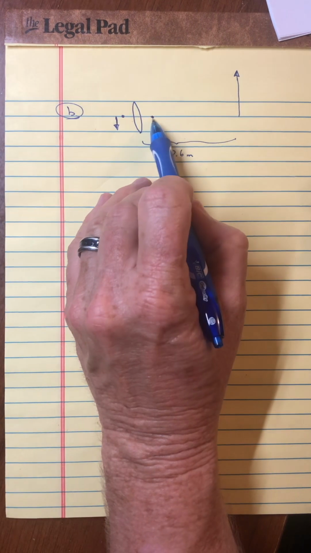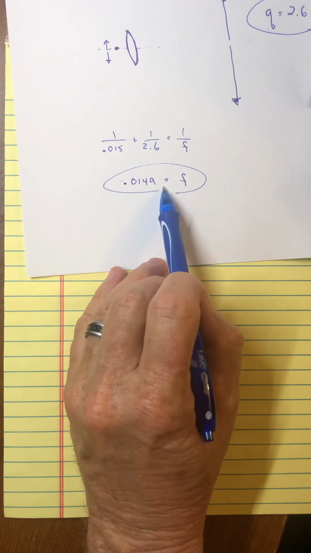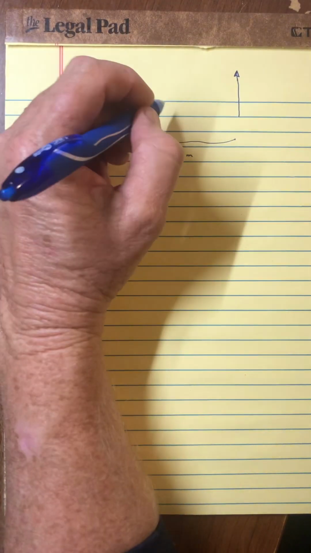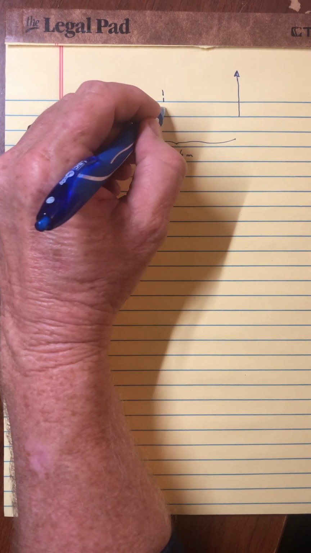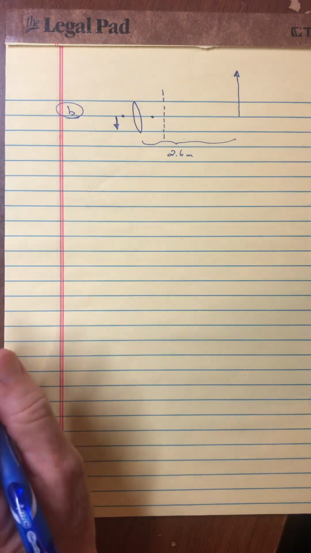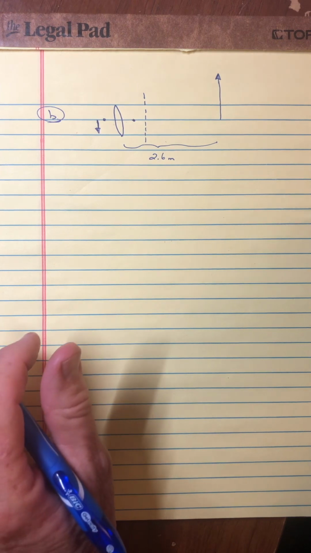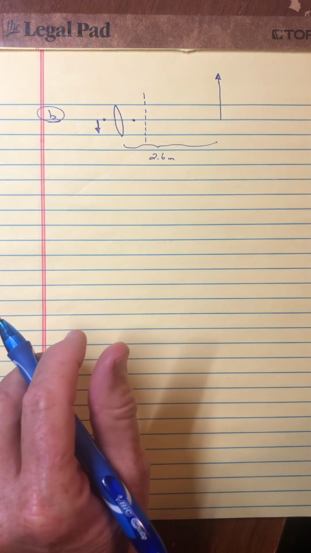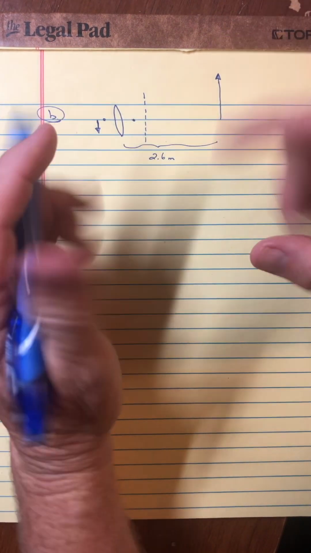And of course, I guess my focal length, which is only 1.49 centimeters, is not really drawn to scale compared to how far this is. But let me just put a dotted line to kind of represent a spot where we're going to put this second lens.